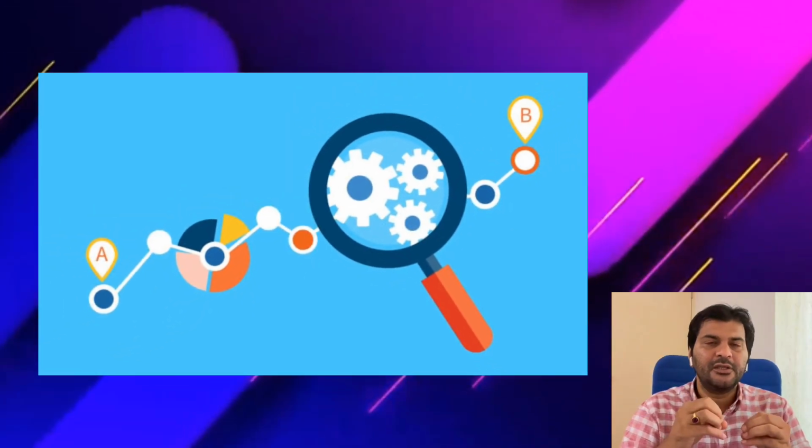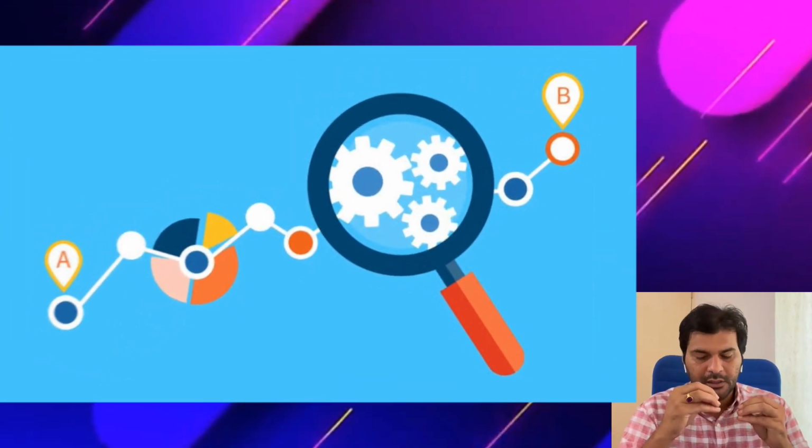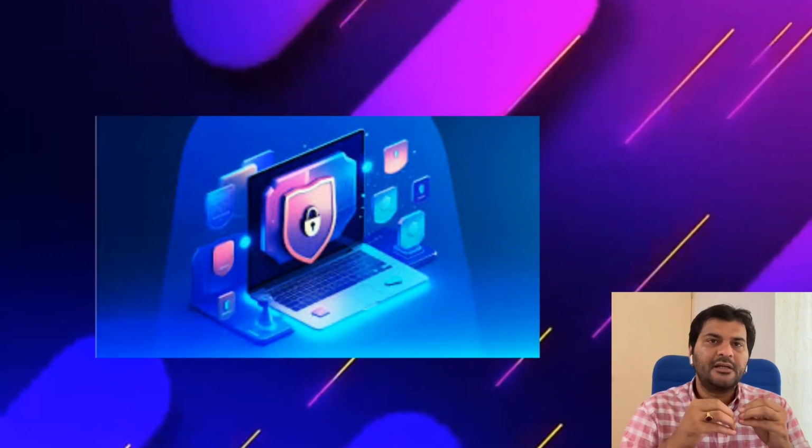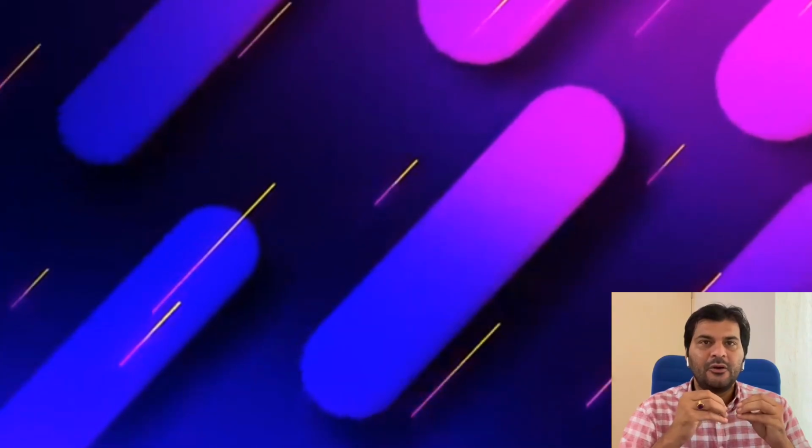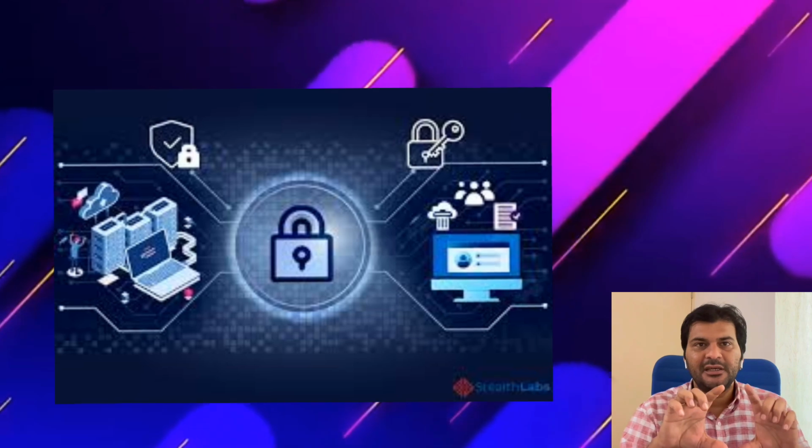This is a continuous improvement process. You need to continuously audit and make sure that your data is secure, there are no vulnerabilities, there are no breaches around the data, and your system is encrypted end to end.